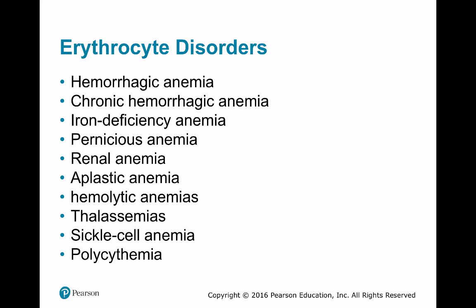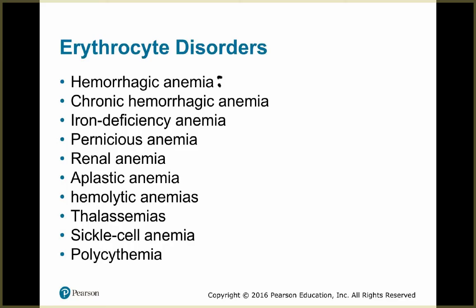Now let's really quick talk about the different types of disorders that are known for erythrocytes. So hemorrhagic anemia is an anemia that's due to rapid blood loss.